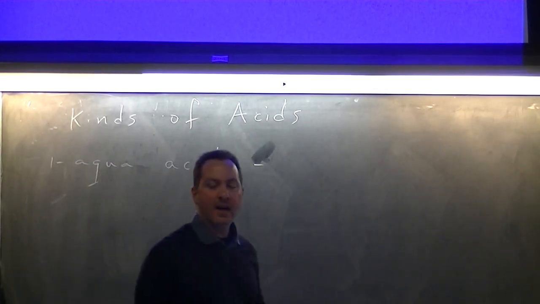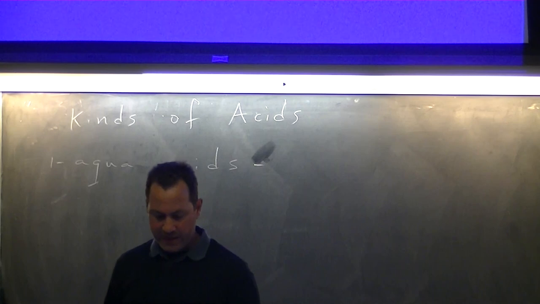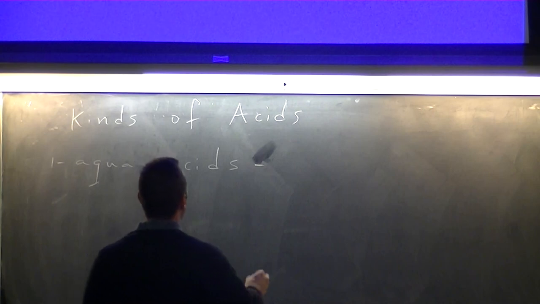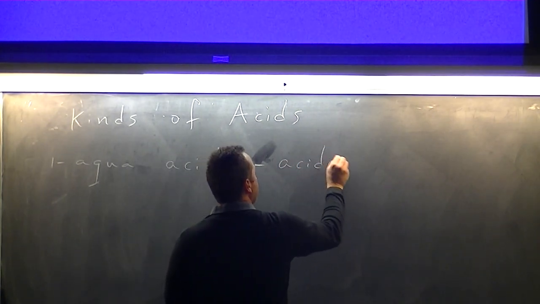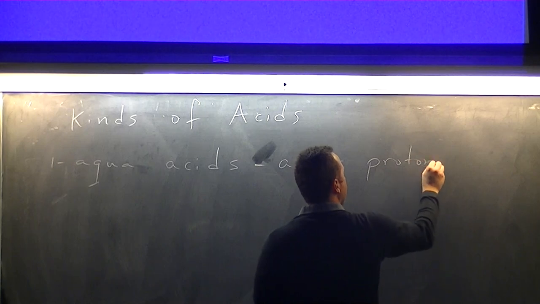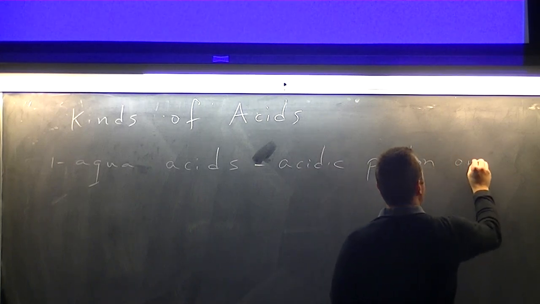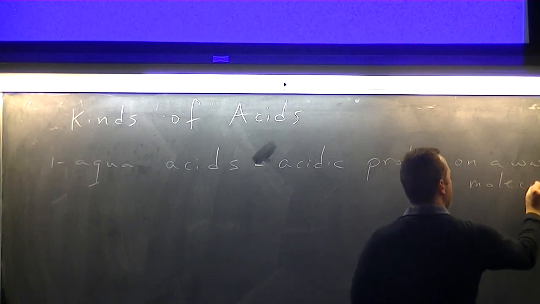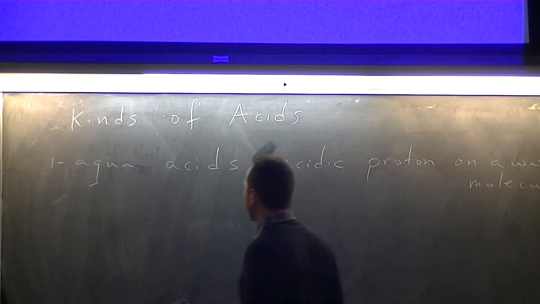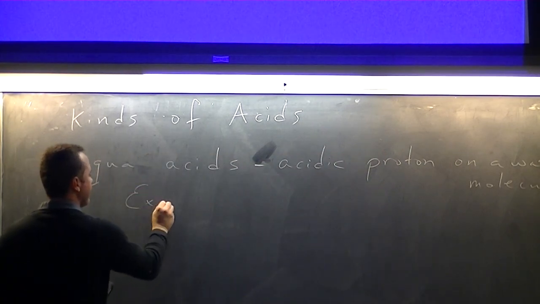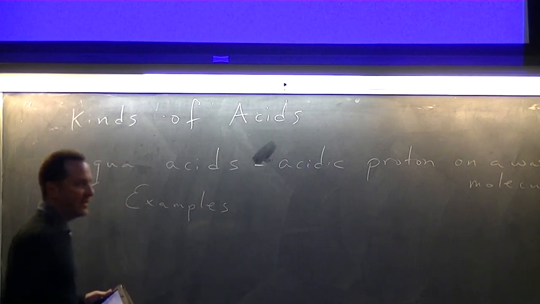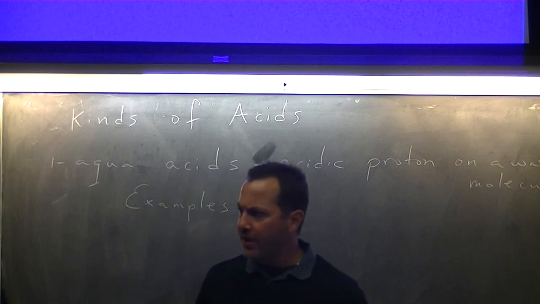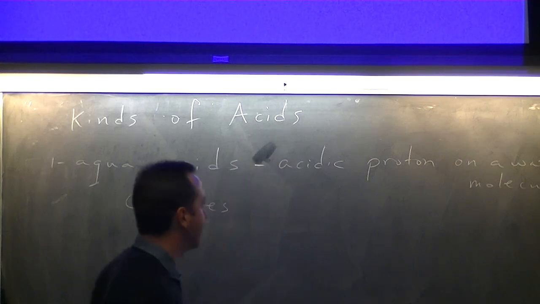The aqua acids are acids in which the acidic proton resides in a water molecule. Let me write that down. There are many examples, but basically any metal ion or any metal cation that you can think of can act as an aqua acid if it is dissolved in water.